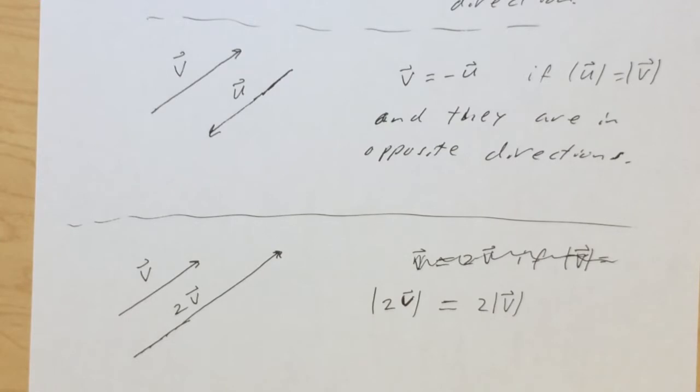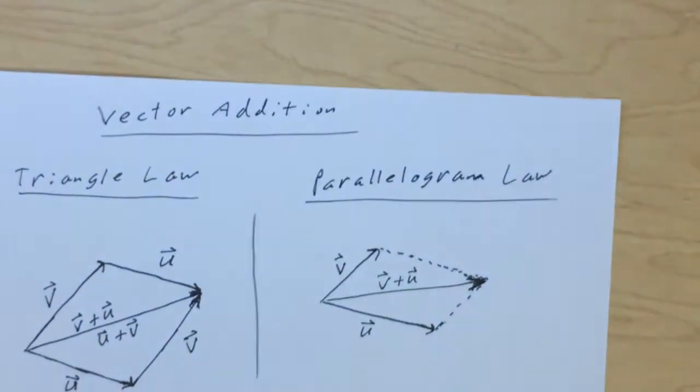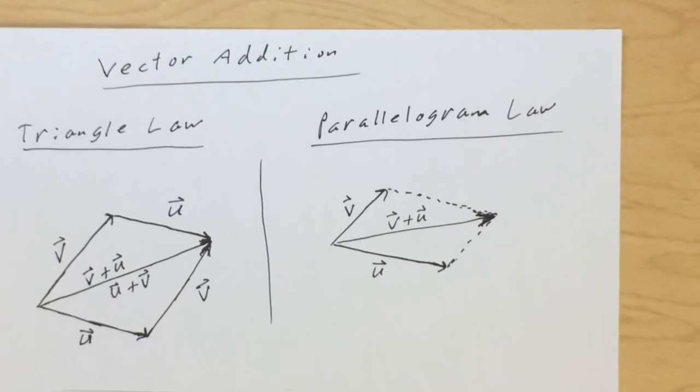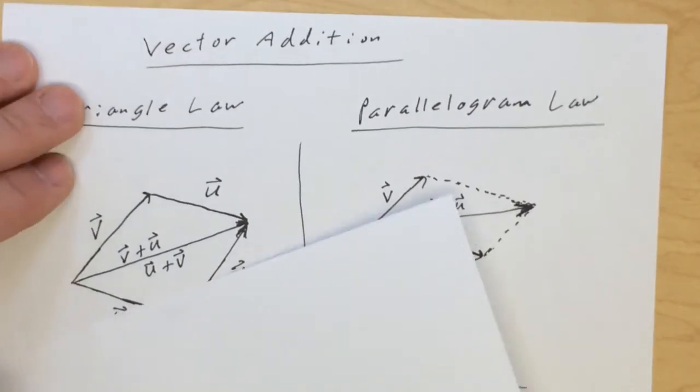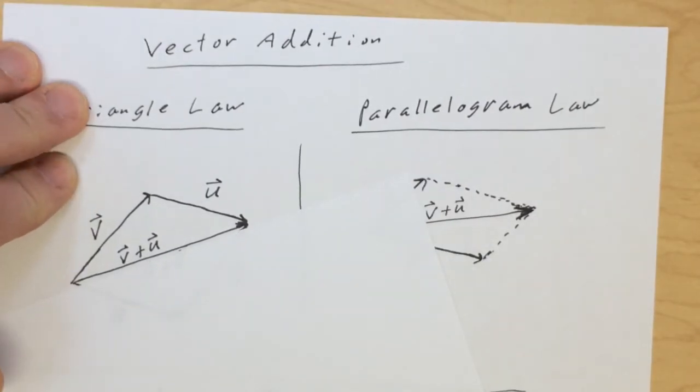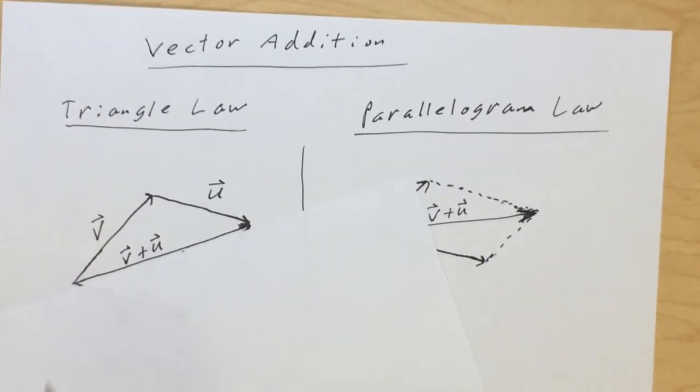Okay. Now, the next thing we looked at is vector addition. We have two laws, the triangle law and the parallelogram law. The way we looked at the triangle law was just the top half of that triangle.